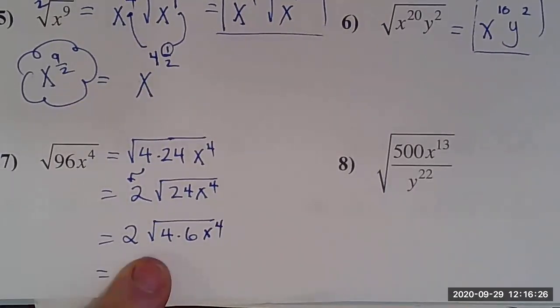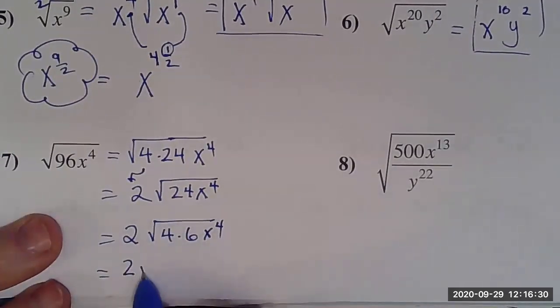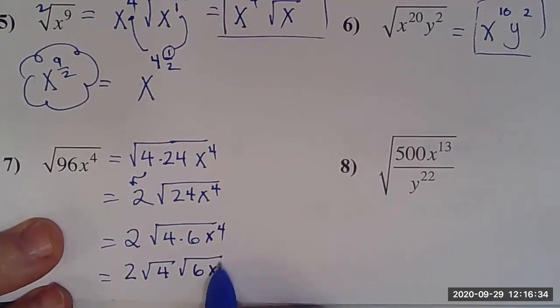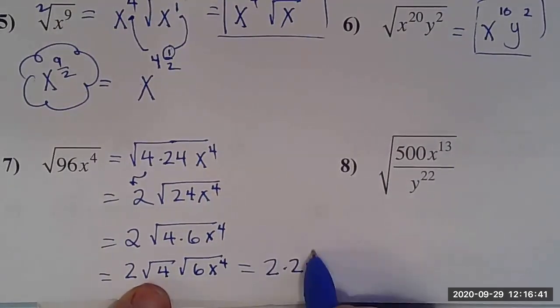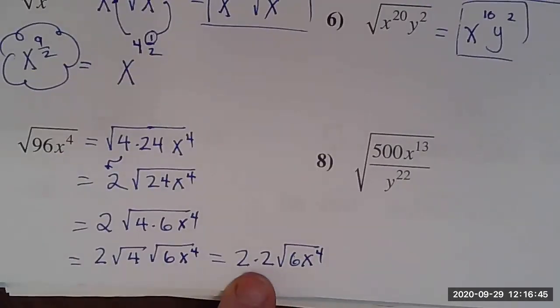This 4 comes out. I'll even show you right here. This is 2 root 4 root 6 x to the 4th. That's 2 times 2. Okay, that's 4.